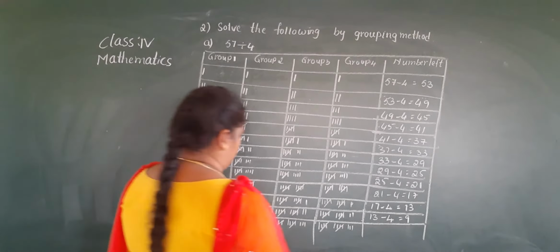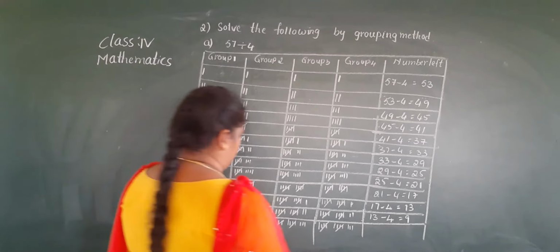So you also give some gap between these tally marks. And remaining, here 5 is there. After the distribution of 4, then 5 minus 4 is 1. So finally 1 number left, after the distribution.